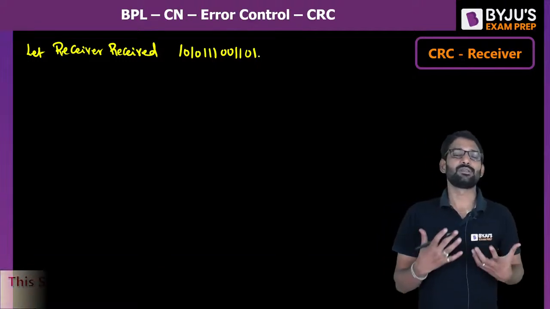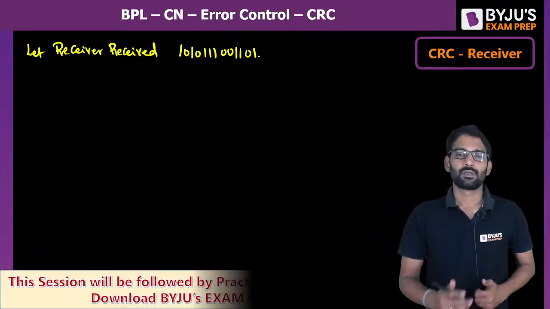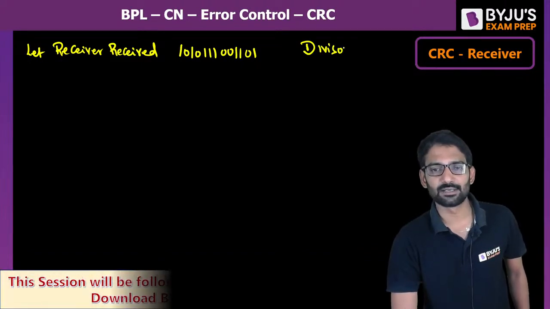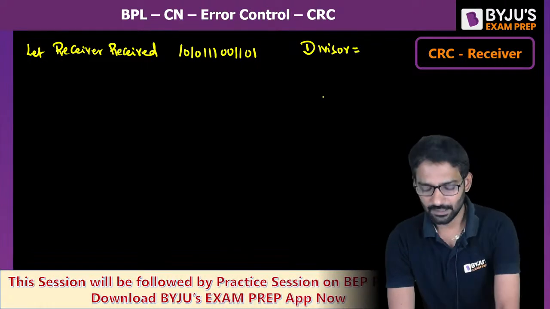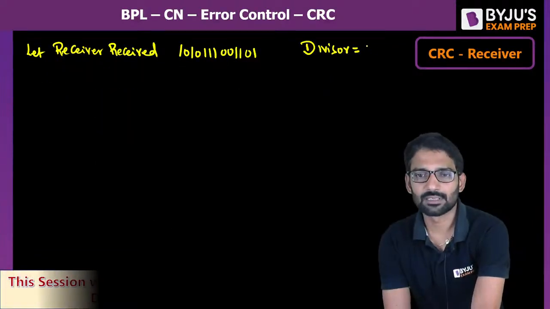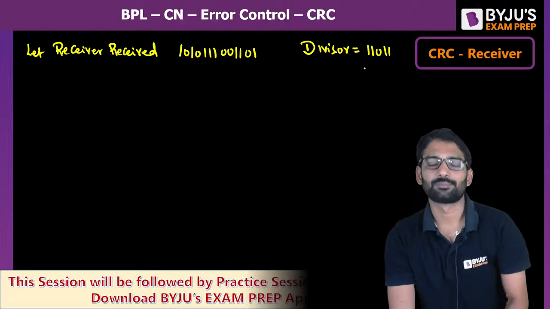Suppose receiver received the same. What is the divisor? Divisor is known to both sender and receiver, I said, right? So the divisor receiver has to follow is same divisor, that is 11011.